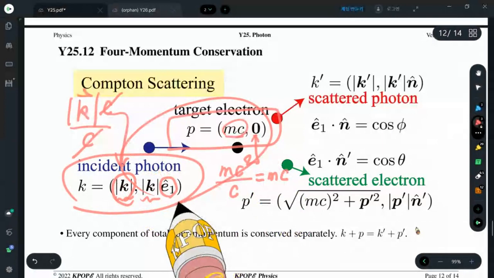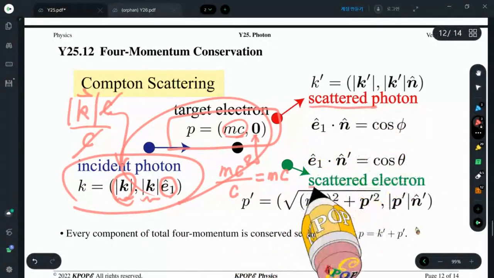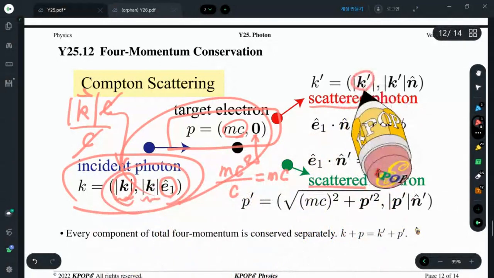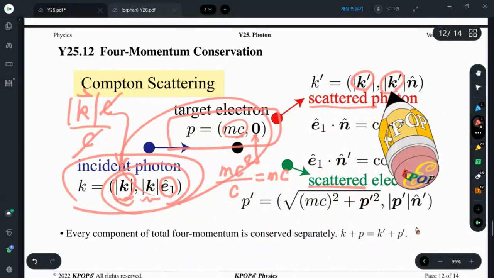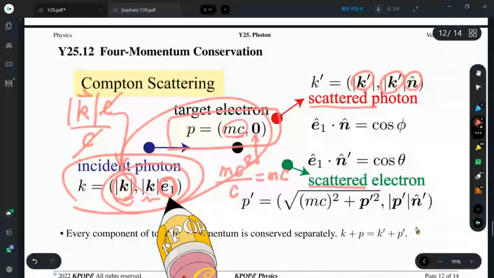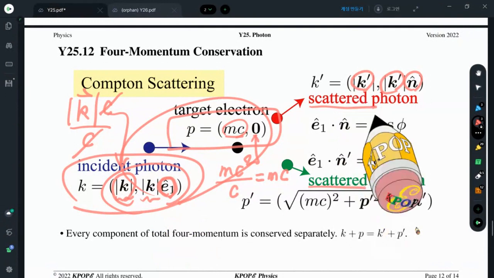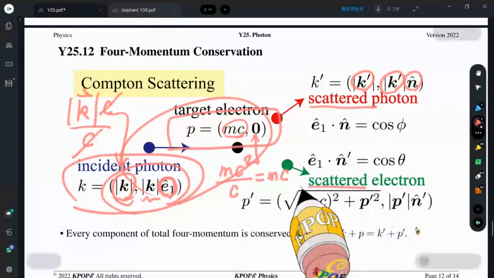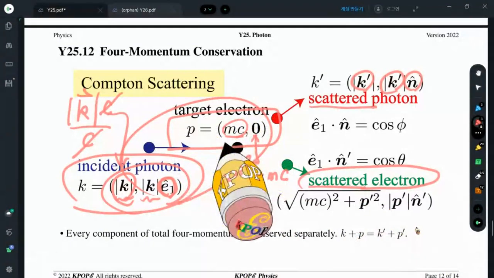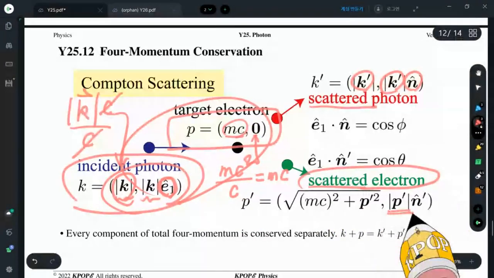After this collision, both photon and electron are scattered. The scattered photon has the same structure but different momentum, and the direction is also different. Again, we can consider the relativistic four-momentum of a scattered electron. The target electron was at rest. By the way, the scattered electron is moving with momentum.